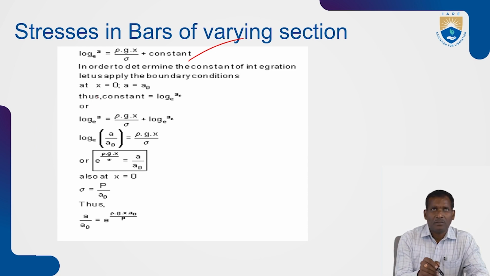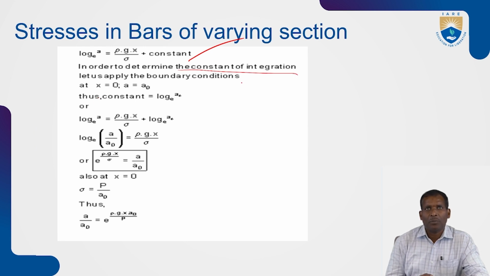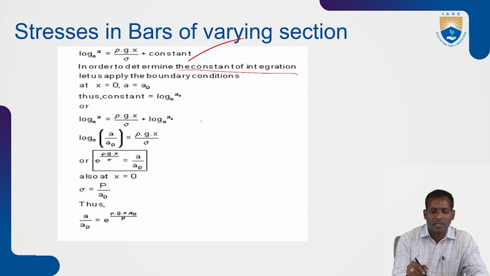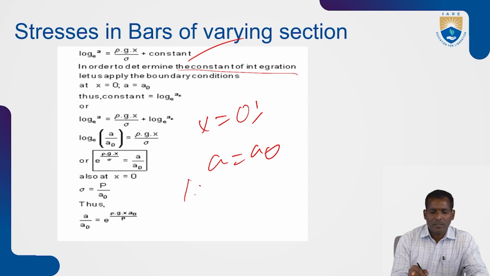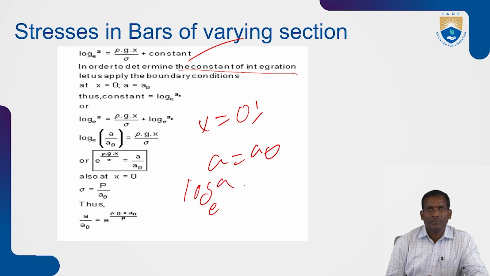In order to determine the constant of integration, apply the boundary condition. The boundary condition is at x equal to 0, A is equal to A naught. So log A, and what is the value at the boundary condition? A naught.